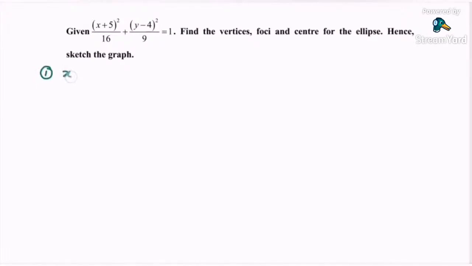We have (x plus 5) squared over 4 squared plus (y minus 4) squared over 3 squared equals 1. So this is what we have as the standard form.